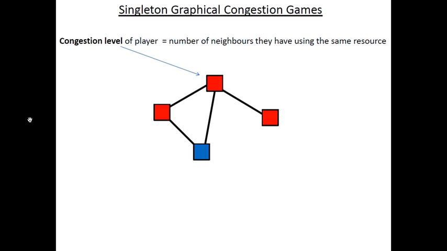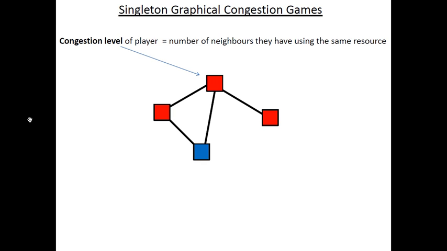But there we go. So the idea behind these systems is they're all about graphical congestion games. So let me start by giving you an idea about what graphical congestion games are. Basically, the idea is that we have some kind of graph structure, some simple undirected graph, and we think of the vertices as players.